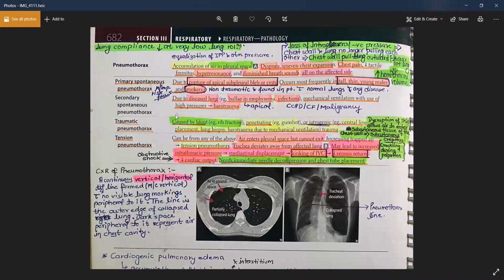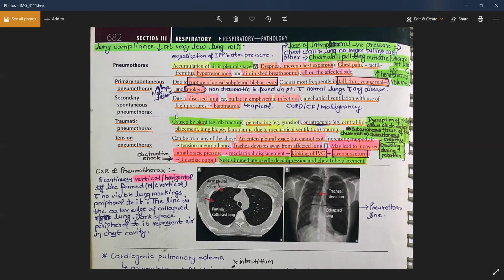Now, what will happen to my thorax? Increased volume or decreased volume? Increased volume. Why? Because of the loss of negative pressure, the chest wall will expand while the lungs will be collapsed. I told you the elasticity of the lung is collapsing and the elasticity of the chest wall is expanding type. It is the negative pressure between these two layers that keeps them intact with each other.